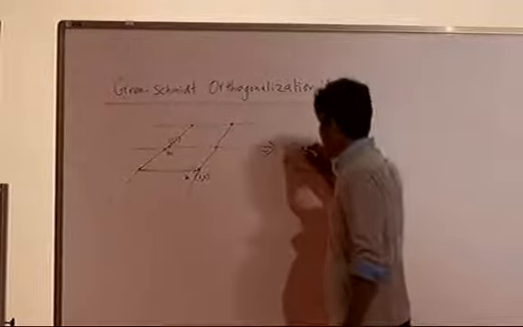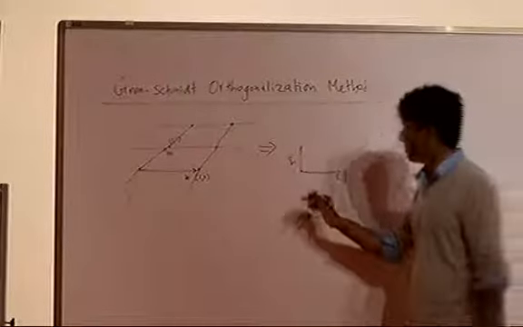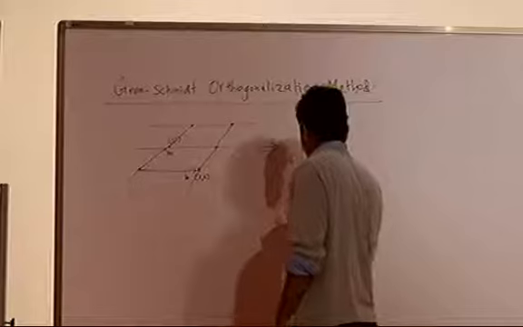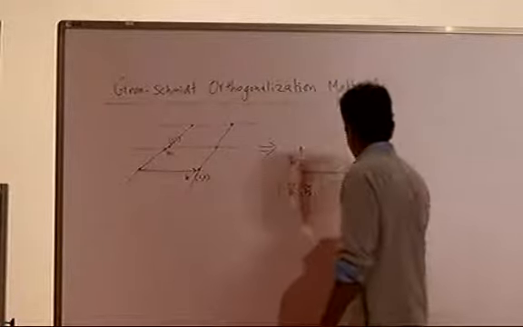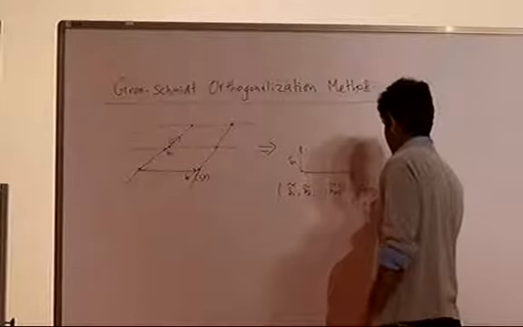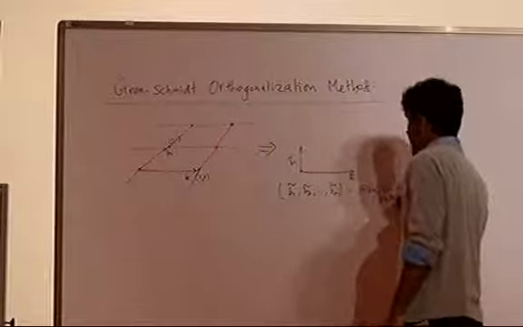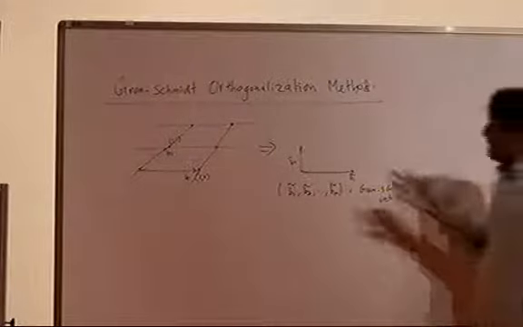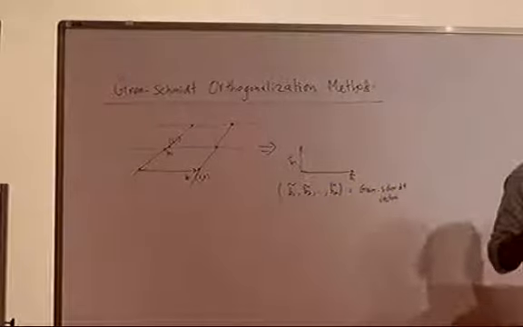Now, of course, the vectors B1 tilde, B2 tilde, and so forth are called the Gram-Schmidt vectors. Clearly, the Gram-Schmidt vectors are not necessarily in the lattice.